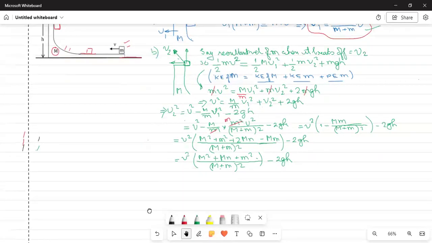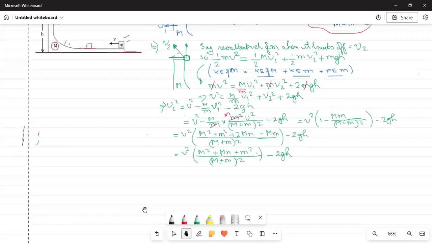From here, I find this is V2 square. Remember, this is V2 square. This also will be needed in further deduction.